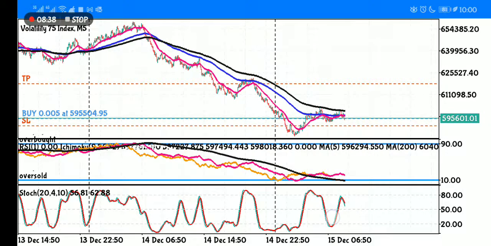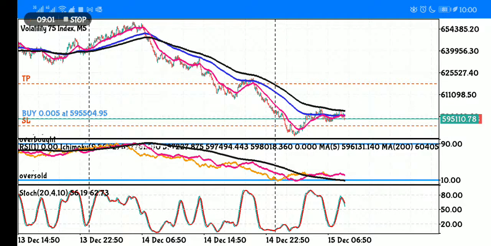Then you allow it to touch the oversold or overbought level, depending on the particular trend that you are looking out for. Once those conditions are met, trust me, most of the trades will be winners for you. You are looking at a 95% upward success rate. That is it.